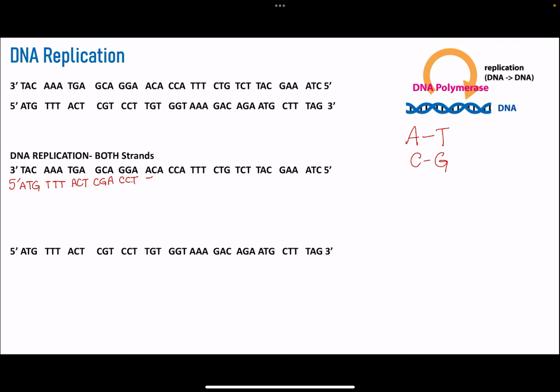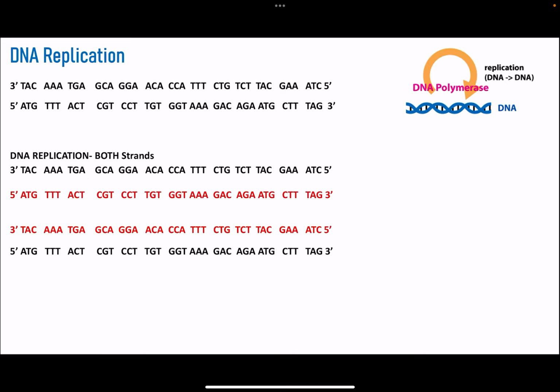And so on all the way down our sequence. And so if we continue to do this, we end up with two strands that are identical to one another and also identical to that parent strand.